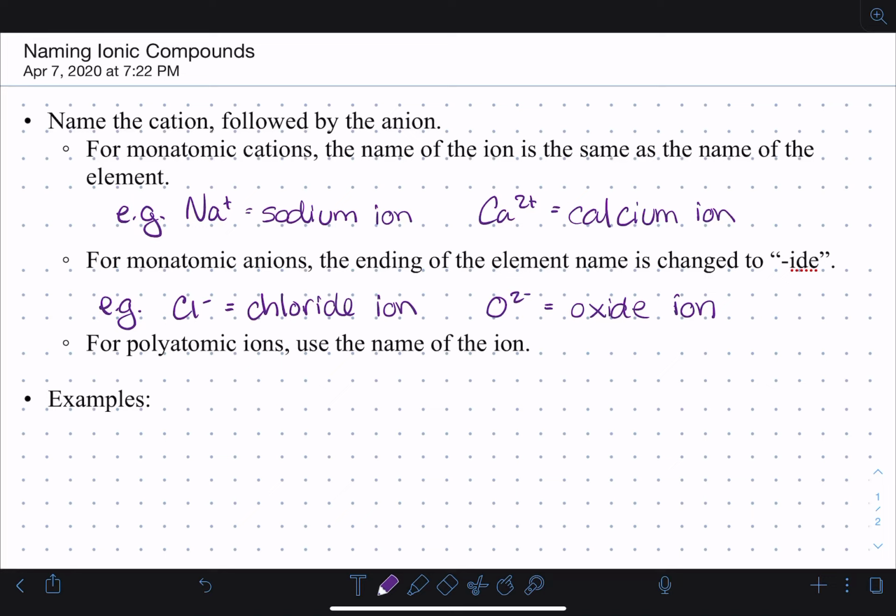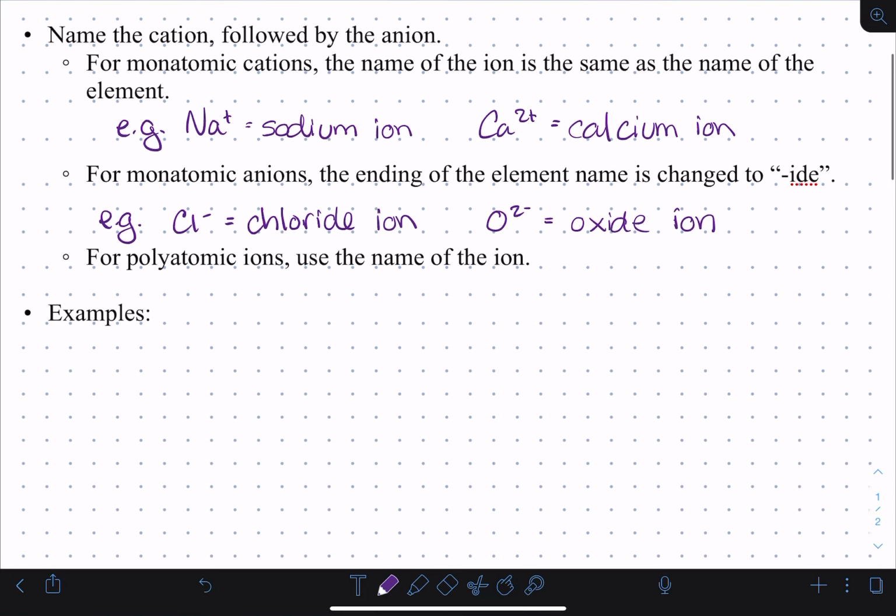If you do, you get oxyide, which sounds really weird. So try and figure out just what sounds good. If you have questions about specific elements, you're always welcome to ask me. And then for polyatomic ions, you just use the name of the polyatomic ion as it's given to you on your list.